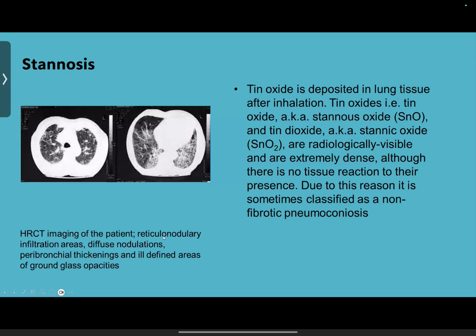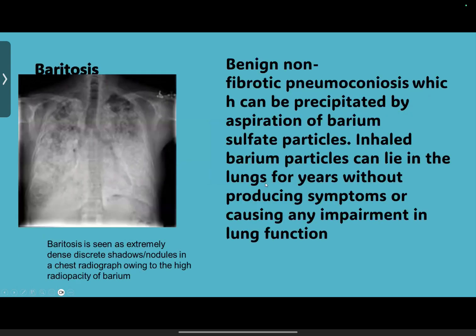And this is a high resolution CT: reticular nodular infiltrative areas, diffuse nodulations, peribronchial thickening, and ill-defined areas of ground glass opacities, as you can see. Now, this one is baritosis, benign non-fibrotic pneumoconiosis, which can be precipitated by aspiration of barium.